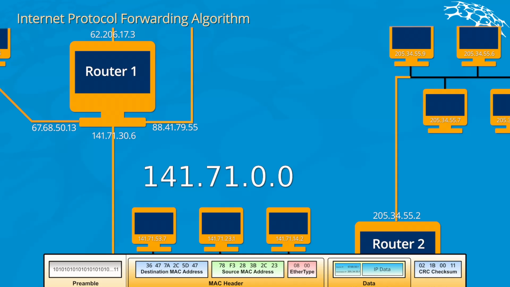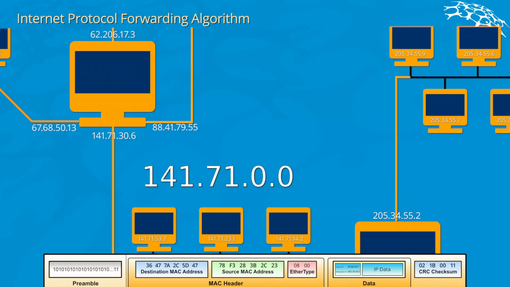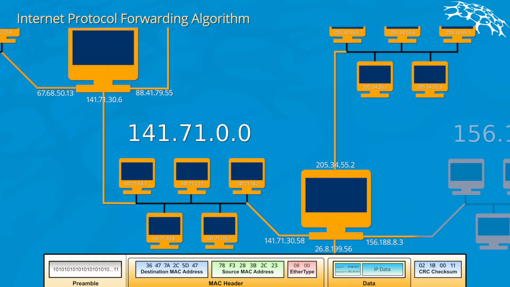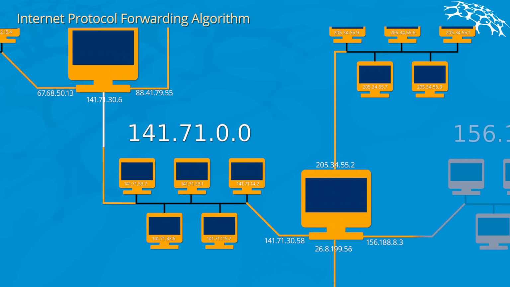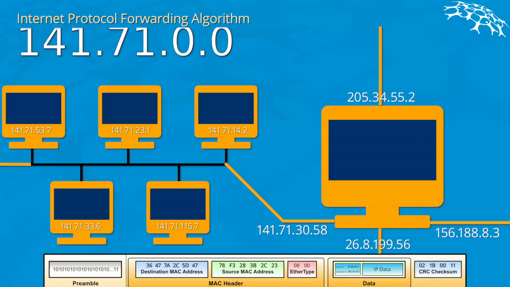Even though router 1 does not have the IP address 67.68.50.1, the source IP address of the IP package will still stay the same. It is only the 2 MAC addresses and the checksum that changed. As before, the Ethernet frame occupies the entire network, and router 2, which has the destination MAC address, retrieves the frame and processes it.